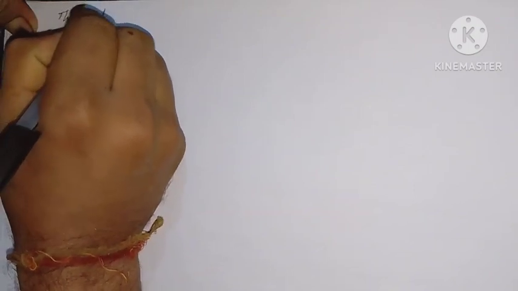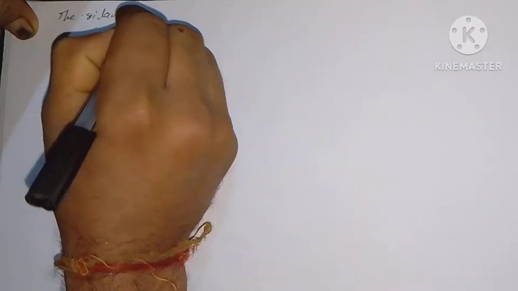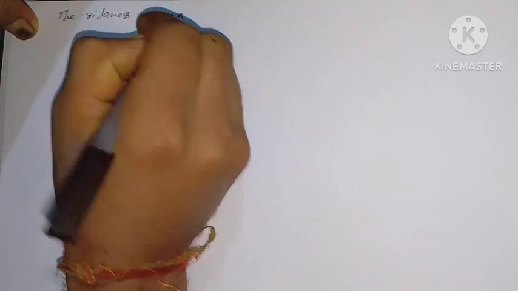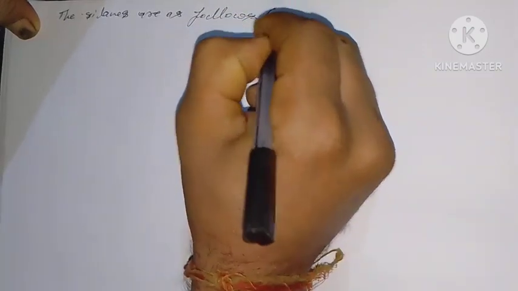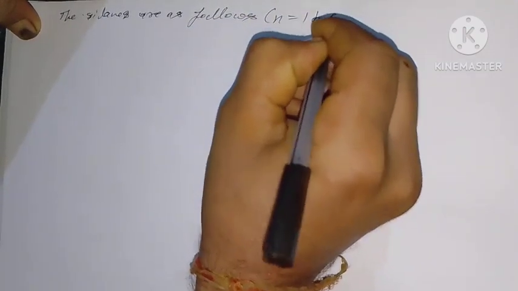The silanes are as follows: SinH2n+2, where n equals 1 to 6.